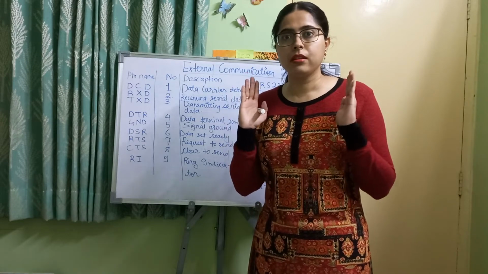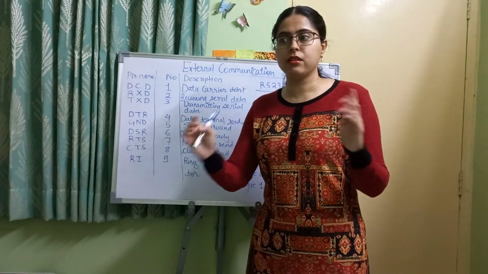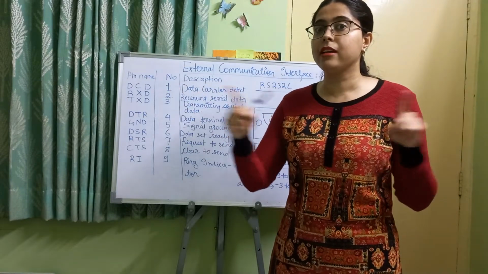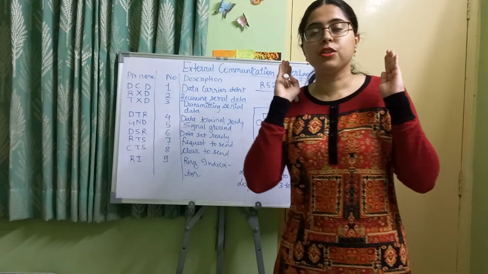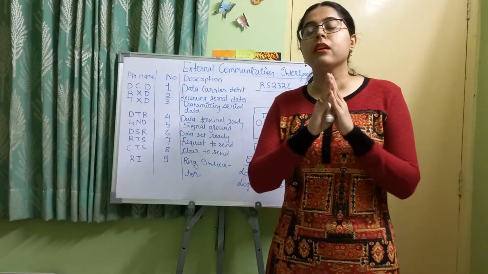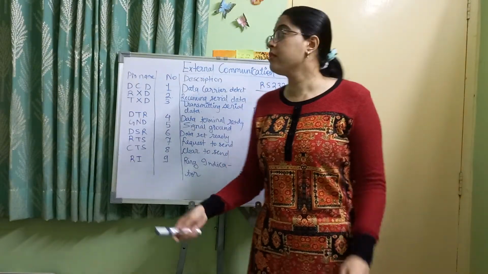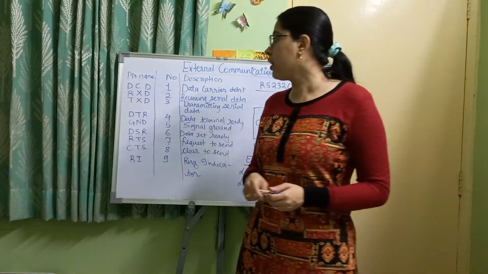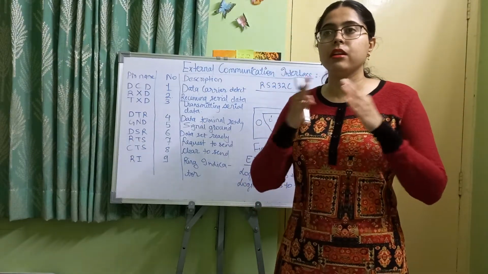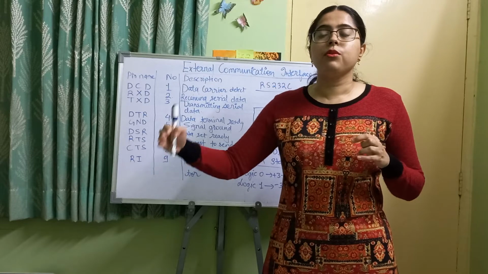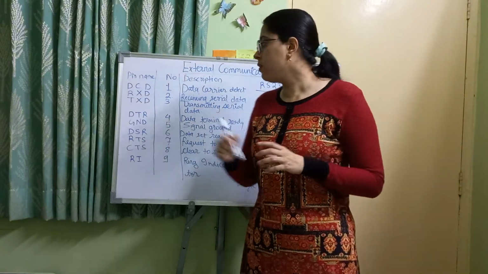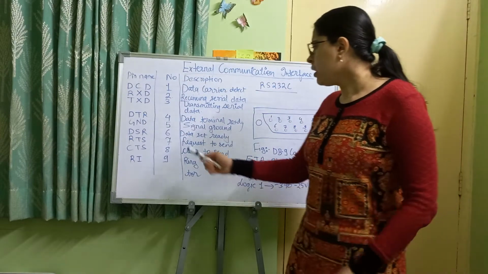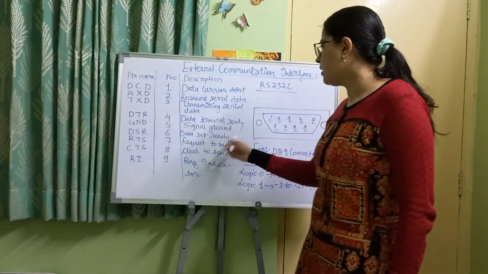See, whenever there is a communication between the two devices, it is very important that a wired link should be established. Okay, only after establishment of the wired or wireless link does the communication take place. This is the wired communication. Okay, and DCE, when it wants to set the communication link, that is the data communication equipment wants to set the communication link, then it activates the signal DSR, data set ready.